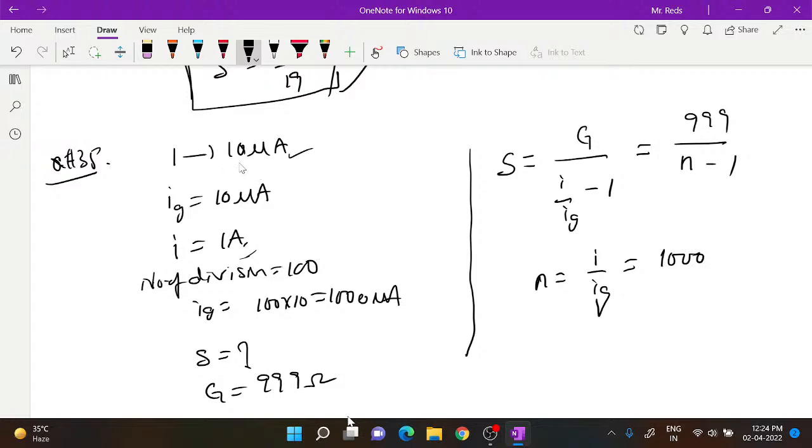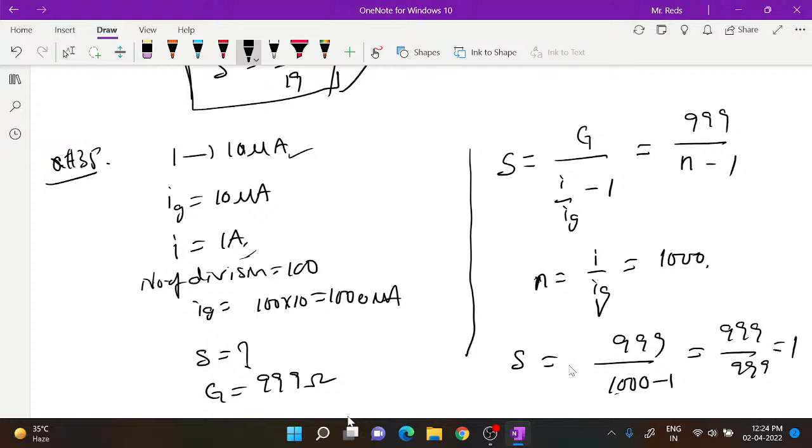In terms of the range you can take it as 1000. So if you take this way, then S is equal to 999 by 1000 minus 1, which is equal to 999 by 999, so it is equal to 1.